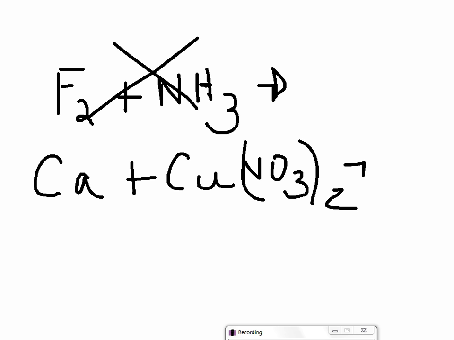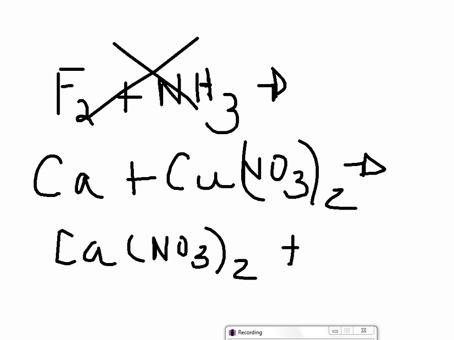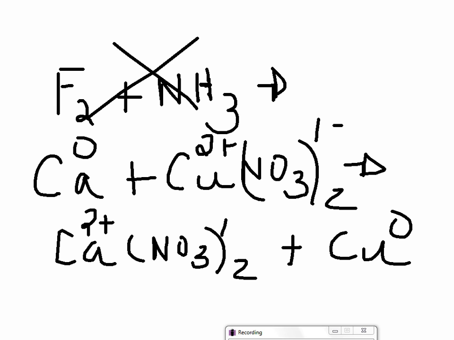As this would happen, the products would become calcium nitrate plus copper metal. Calcium is elemental, 0 oxidation number. Copper is elemental, 0 oxidation number. This is ionic, so they keep the same oxidation numbers as their charges. This is ionic, same oxidation numbers as its charges.